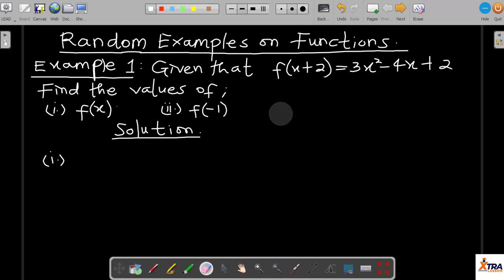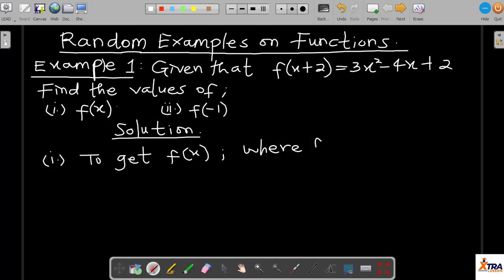It's a very simple procedure to get our f of x, where f of x plus 2 equals 3x squared minus 4x plus 2. We simply need to reverse this idea.